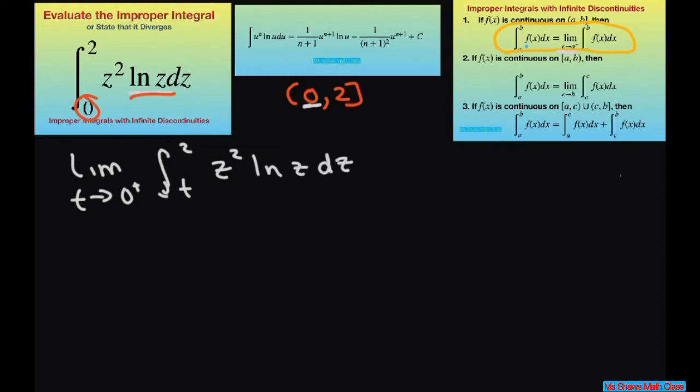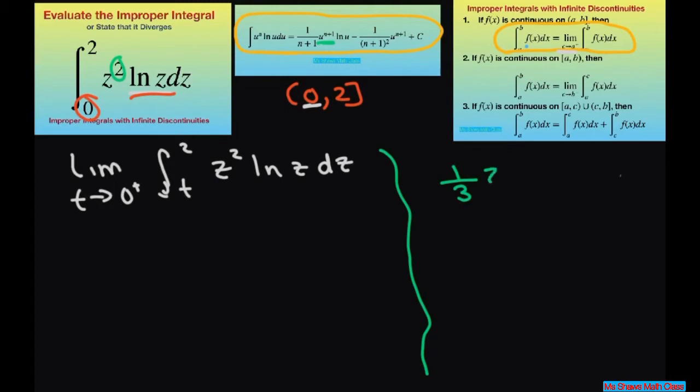All right. Now we're going to integrate this. You can use integration by parts, or you can use this formula. So I'm going to use this formula here. It's a little easier. Let's do a little side note here. If you integrate this, our u is z, so we're going to have 1 divided by, and our n is 2, so it's going to be 3.